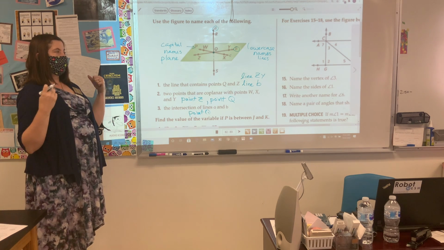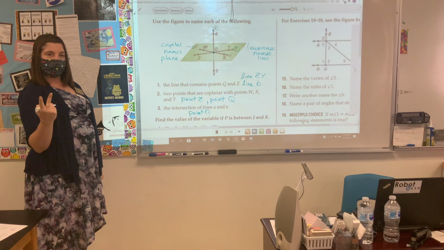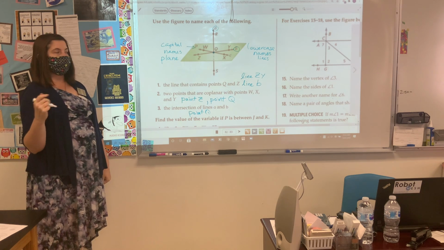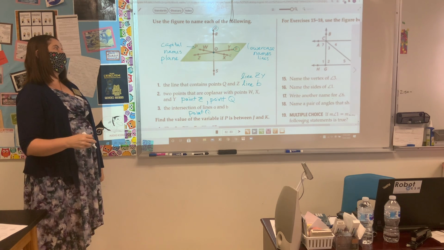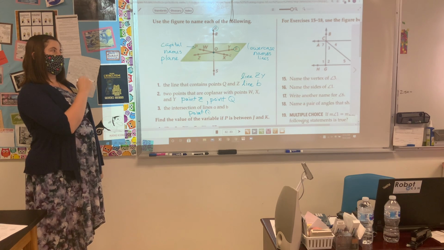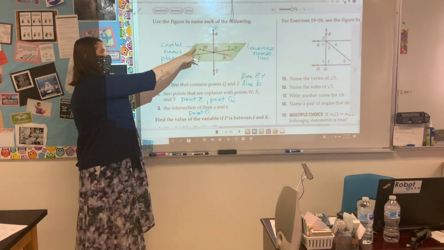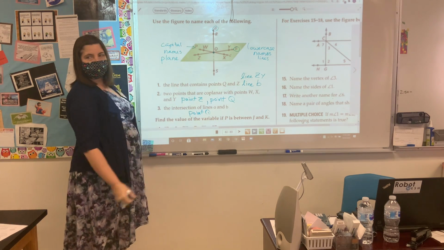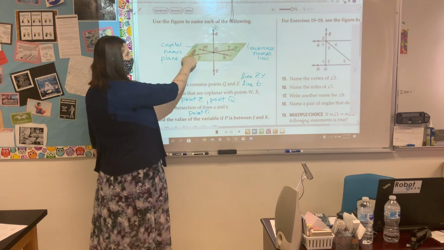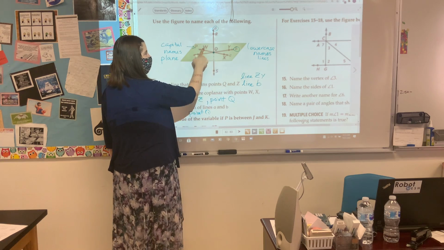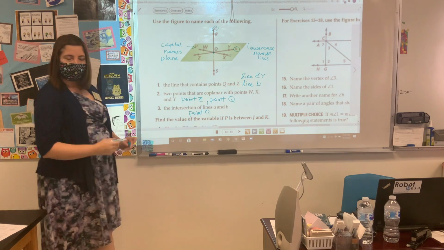If I'm talking lines, it's either 2 capitals for points or a lowercase letter. Planes, 3 points, which are all capitals, or I can have a capital name that's just 1 letter. But they usually try to use a different font for those. That's more of a script.